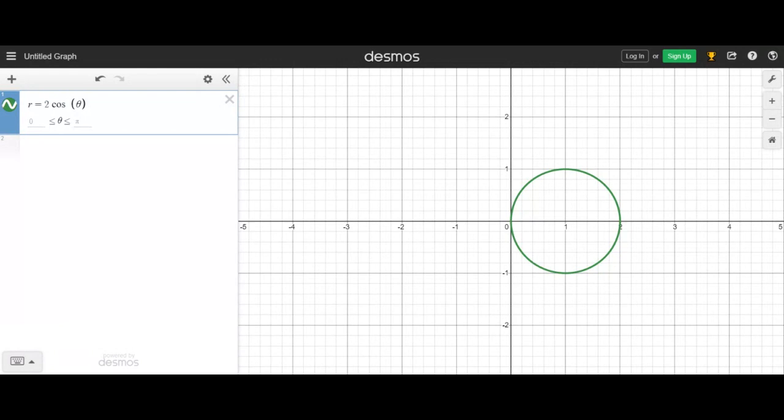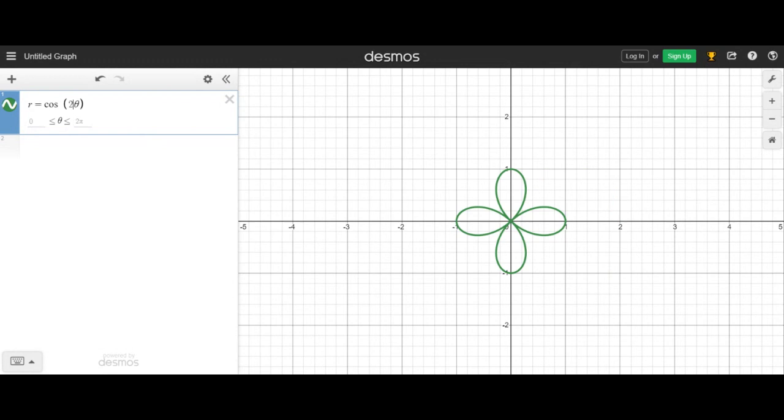There's a lot of things you can do with polar coordinates, a lot of really cool graphs that you can do. I'll just mention this real quick. If we were to adjust this to r equals, let's say, the cosine of 2 theta.